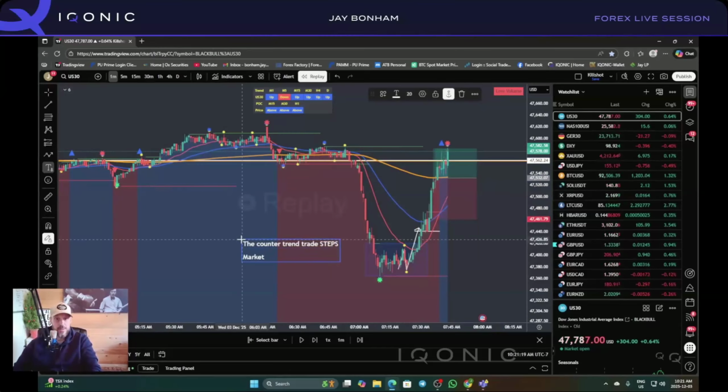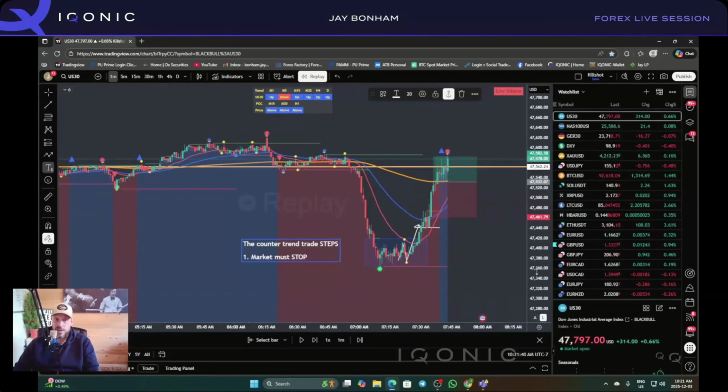So the first thing is we talked about this zone. The market must stop. I like to say, put on the brakes. It must stop the current trend. You don't want to try and take a counter trend trade if this thing's still creating lower lows, because the trend's not over.